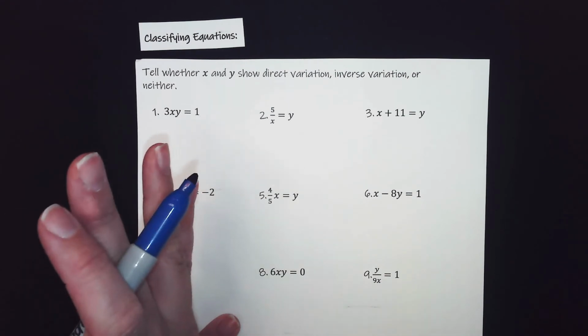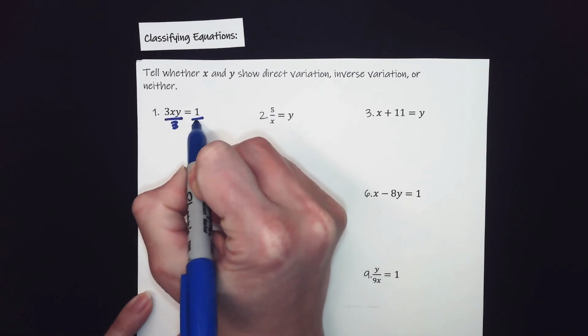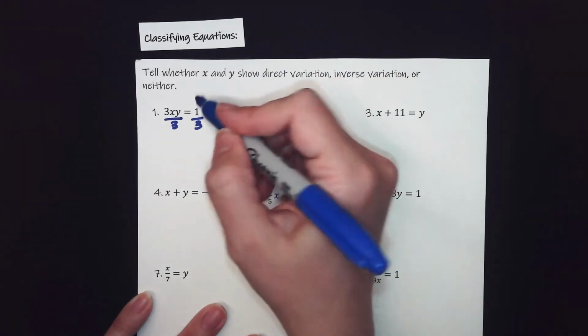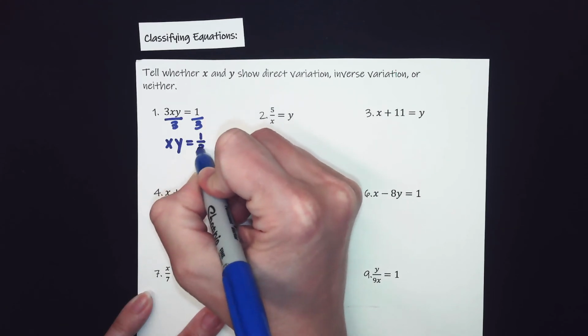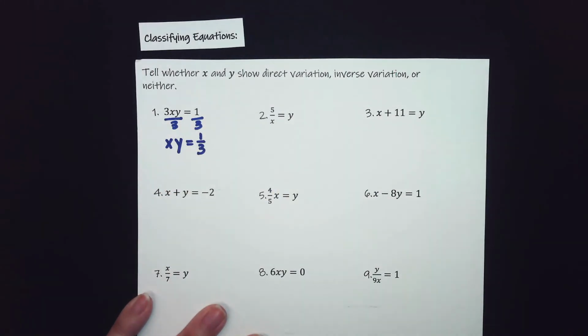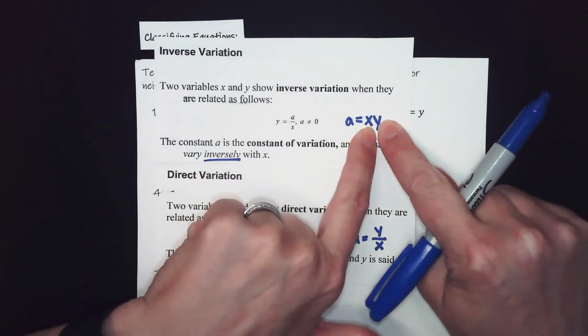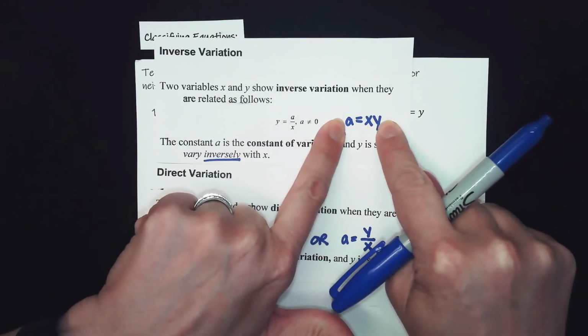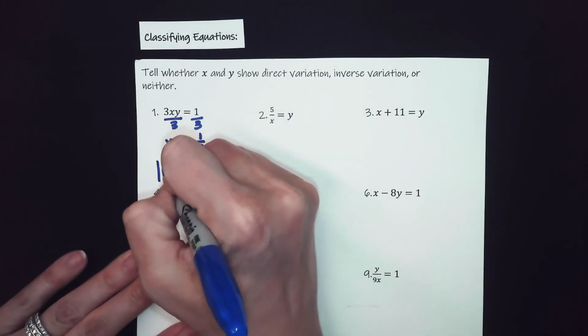I'm going to divide by this 3, so that the x and y can stay put, but I get this number over here. So I get xy equals 1/3. Well, let's see if it looks like any of our rules. It has x and y together equaling a number. That is inverse variation. So this is inverse.